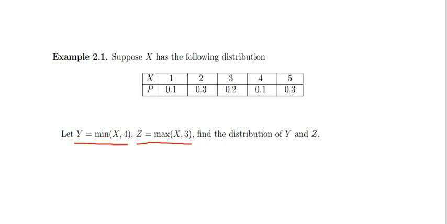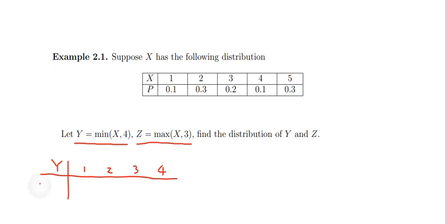X equal 2, just 2. X equal 4, take Y equal 4. X equal 5, Y is still 4, right? So this Y distribution, Y equal 1, 2, 3, 4, right? So when X is 5, we just take the smaller one.